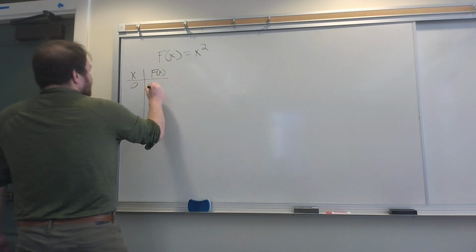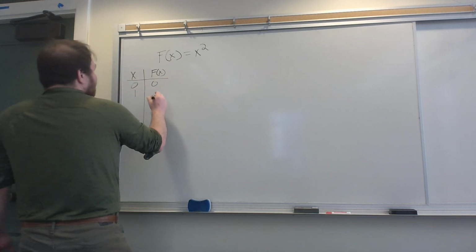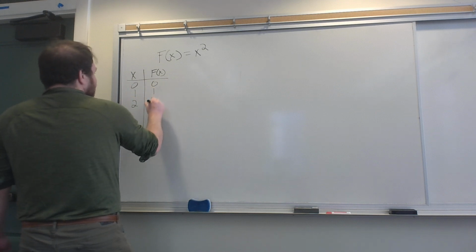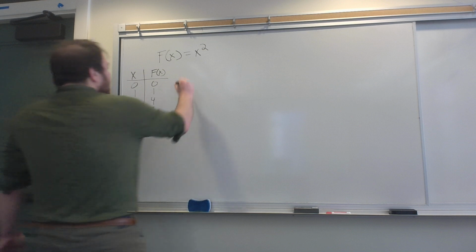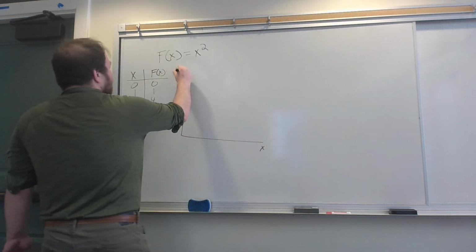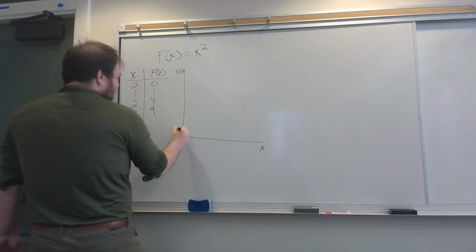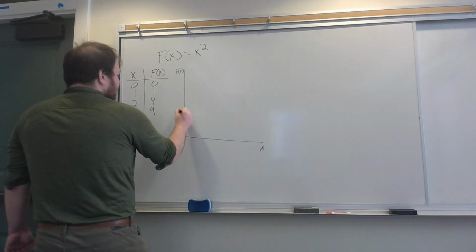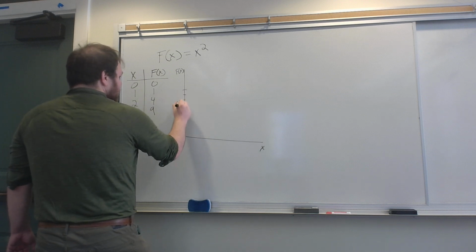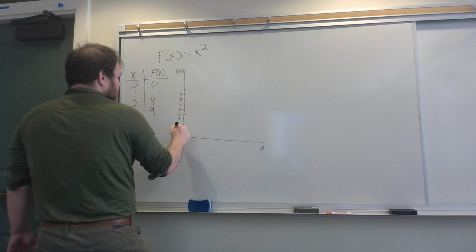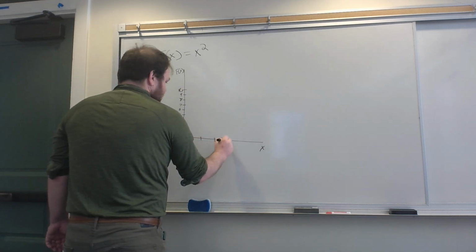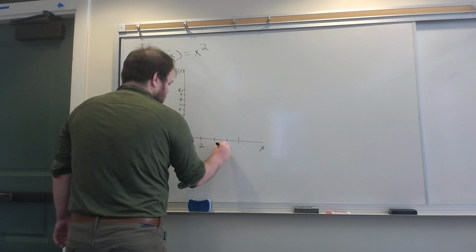When x is 0, f of x is 0. When x is 1, f of x is 1. When x is 2, f of x is 4, etc. And if we wanted to, we could graph these things. So I could put x on the horizontal axis, f of x on the vertical axis, and I could label 1 through 10 and 1 through 5.